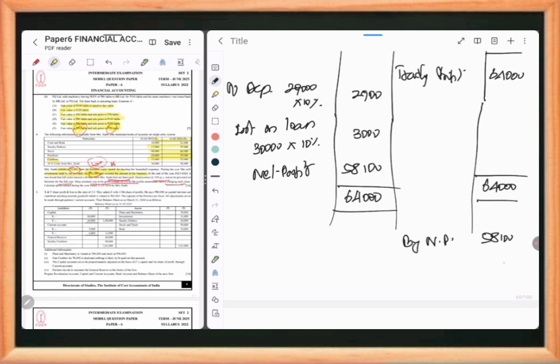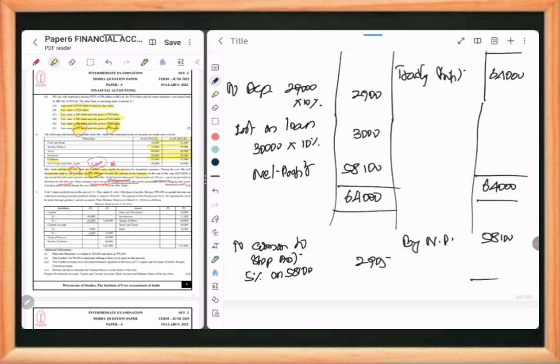58,100, out of which the commission for shop assistant at 5% is paid. So commission to shop assistant, how much percentage? 5%. 5% on 58,100. So 5%, that is 2,905, pertaining to commission.